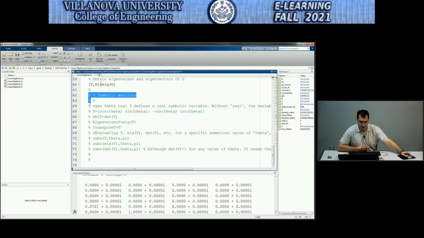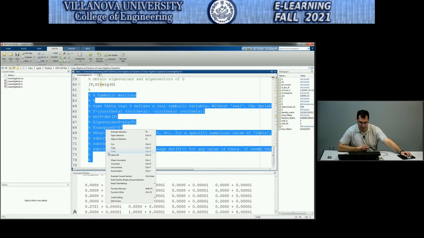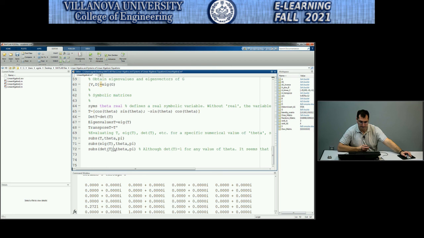In some courses, you might have to deal with symbolic matrices. Let's see how we handle this. You define symbolic variables. In this case, the symbolic variable is going to be theta. In general, symbolic variables are viewed as complex variables, but if you want to specify that your theta is indeed a real variable, you just add real here.